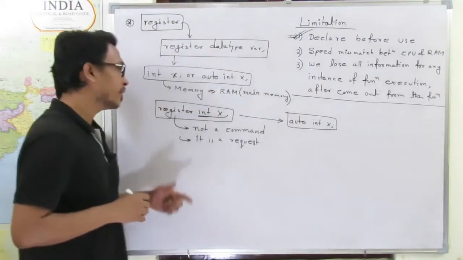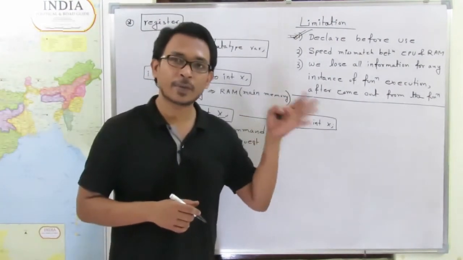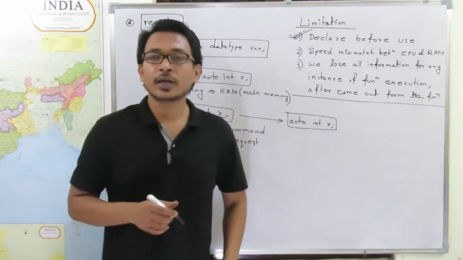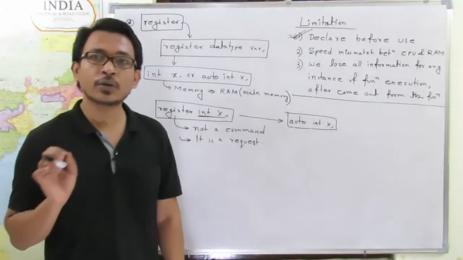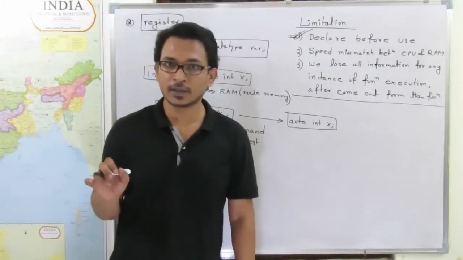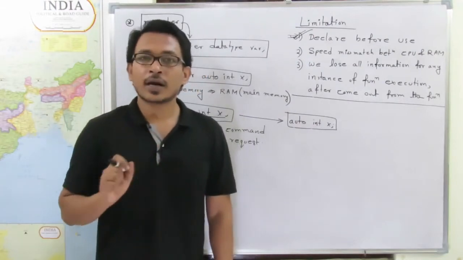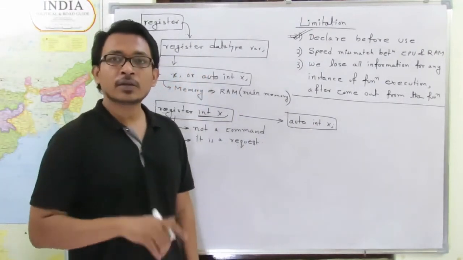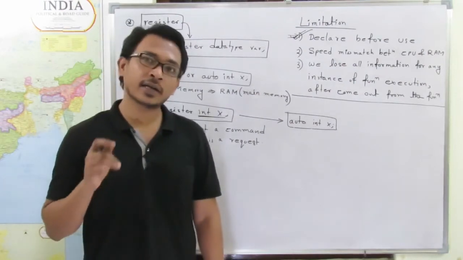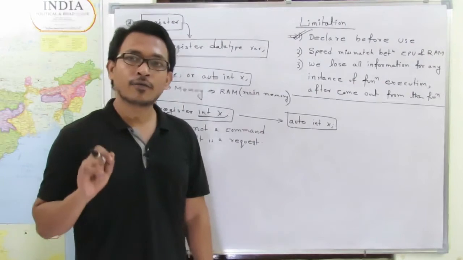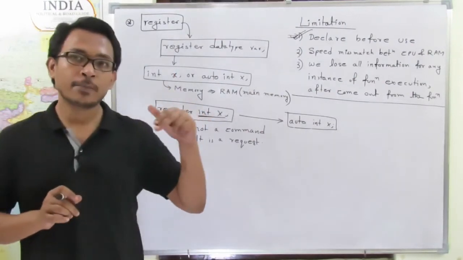When we declare a variable with the register storage class and memory is allocated from a register, we are not allowed to use the address-of operator with those variables, and due to this reason we can't use those variables in the scanf instruction. That means we are not able to take input directly for any variable that we declared as a register type variable.